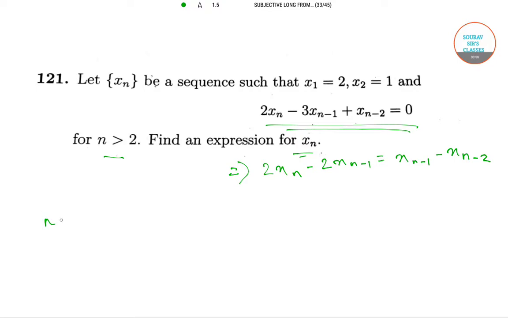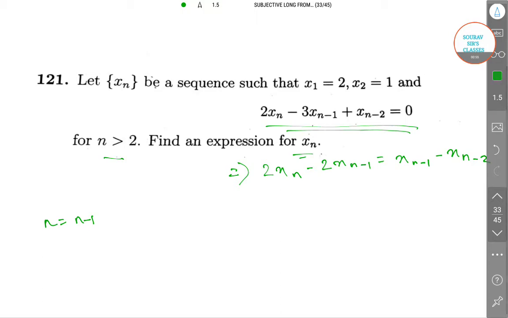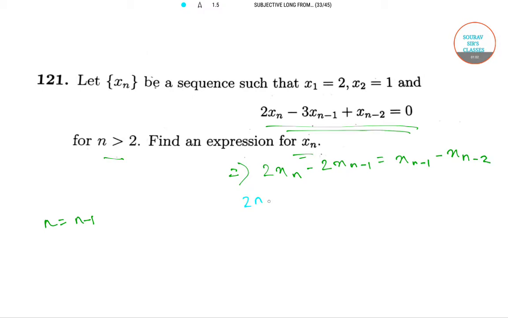Now putting n equal to n minus 1, we will get the equation as 2x(n-1) minus 2x(n-2) is equal to x(n-2) minus x(n-3). Now putting n equal to n minus 2, we will get the equation.